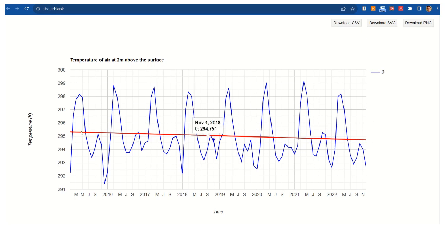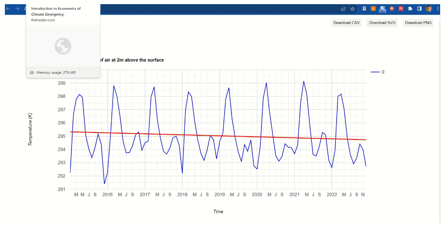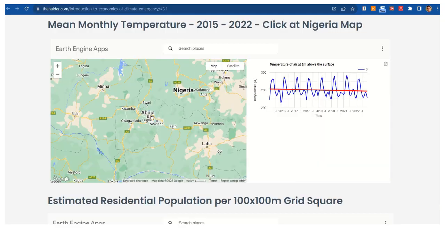This line shows the trend line. It shows that exactly at the point where I clicked, the temperature is decreasing here. Remember, this is exactly at the point I click.